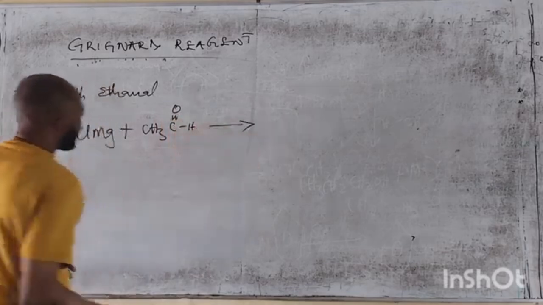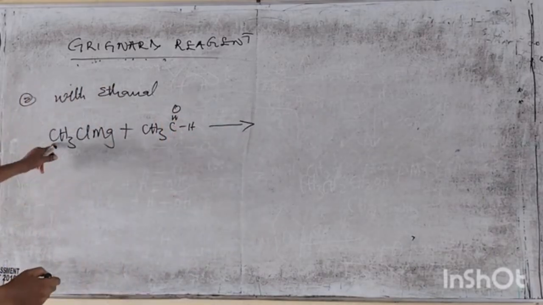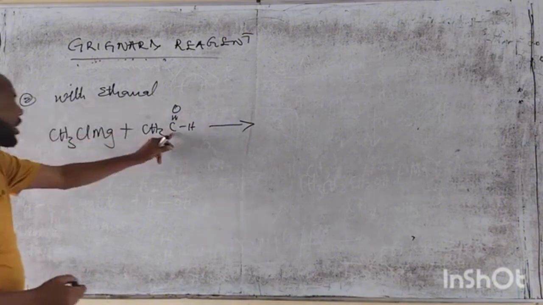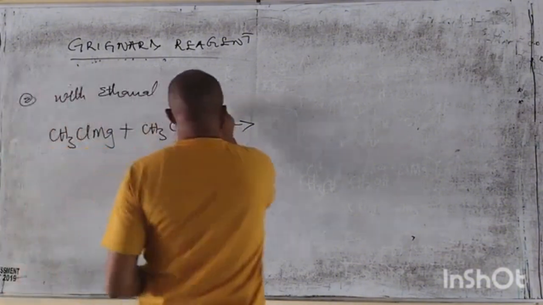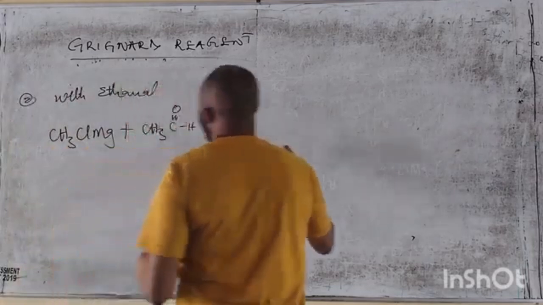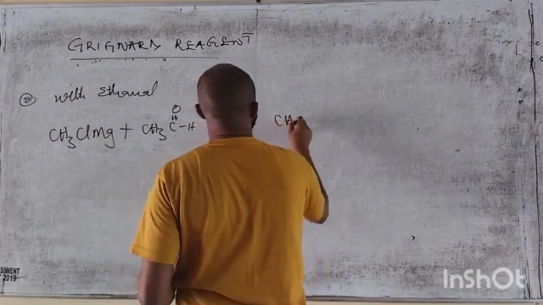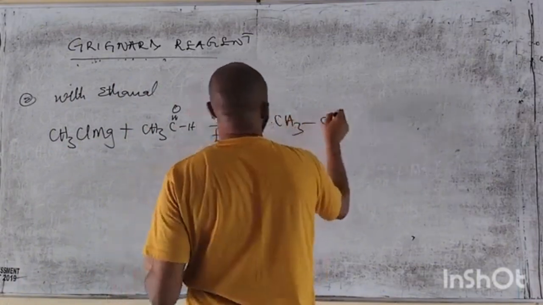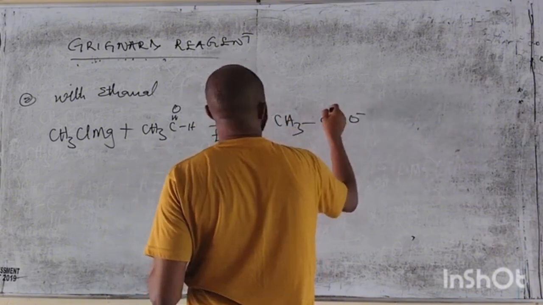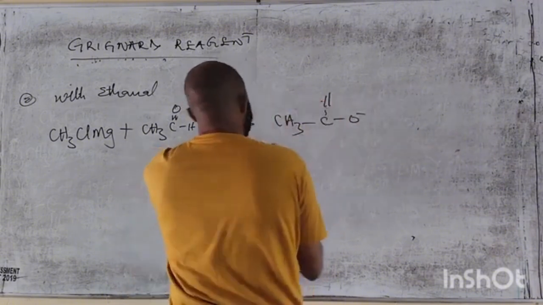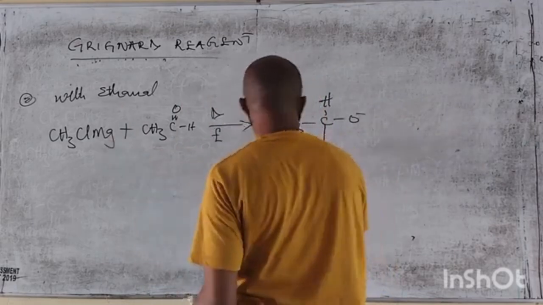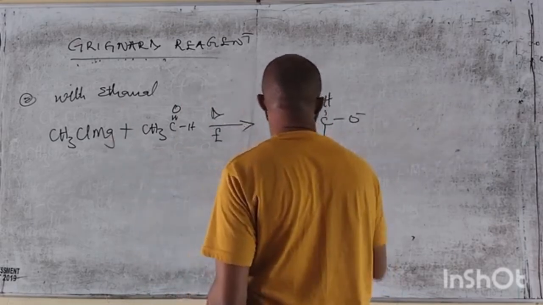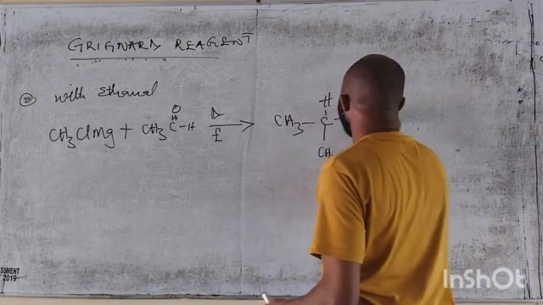This will give me, this will come in here, while this would match with this. So dry ether, I will now have my CH3 here, carbon O negative, hydrogen is up. I have to slide it, don't forget. And my CH3 there is here, CH3 is here. And here I have MgCl.